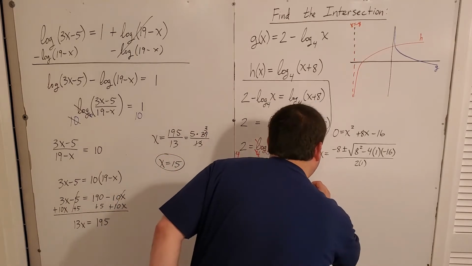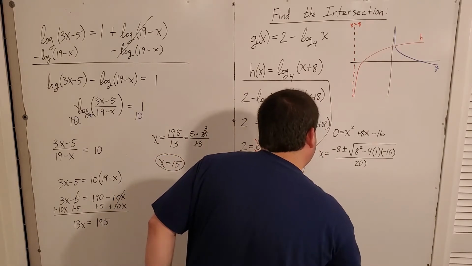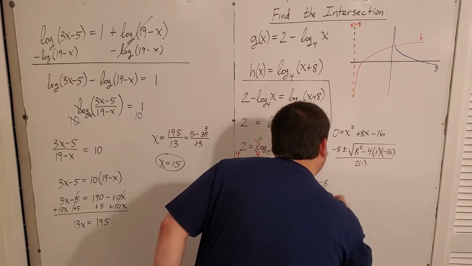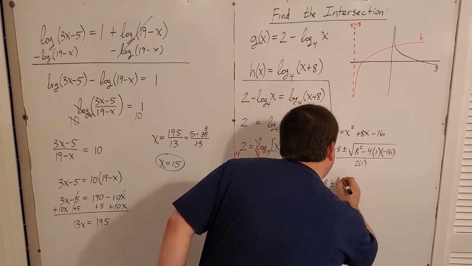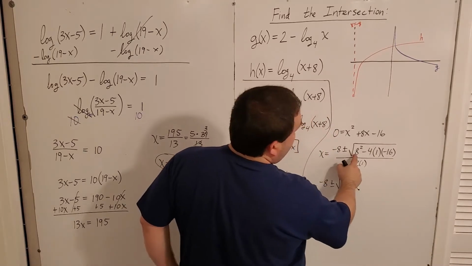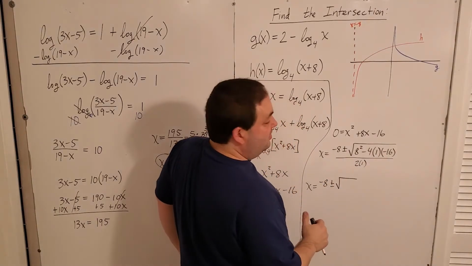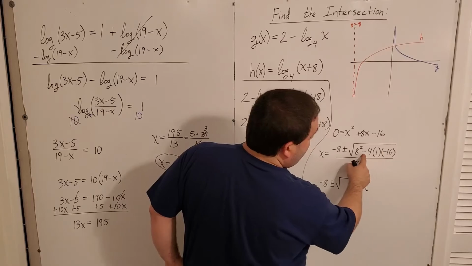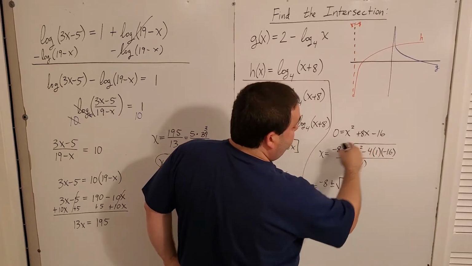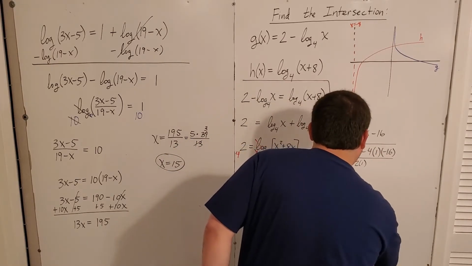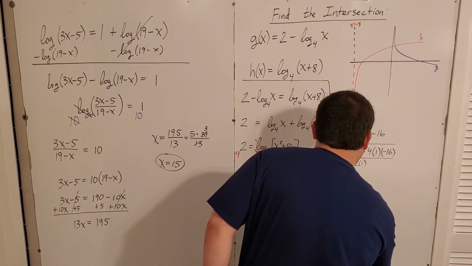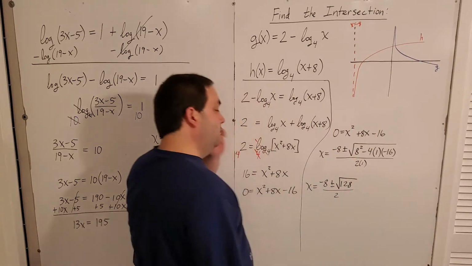Alrighty. So 8 squared is 64, 4 times 16 is also 64, but look, negative times negative is positive. So 64 plus 64, that's 128, all over 2.